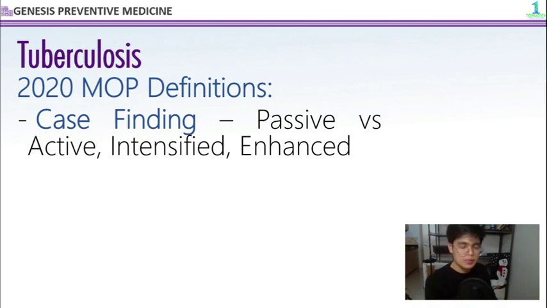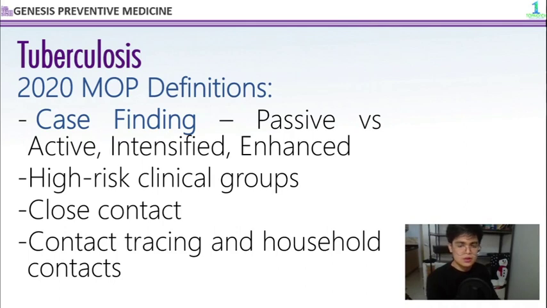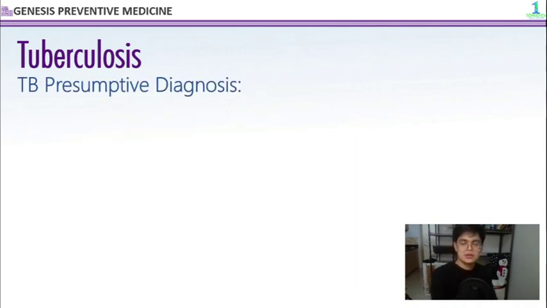If there are, in particular, DRTB cases, drug-resistant TB cases, then they are backtracked for potential contacts for their TB. And enhanced case finding for a group of people who may have TB: high-risk clinical groups, close contacts, contact tracing, house contacts, as I mentioned.